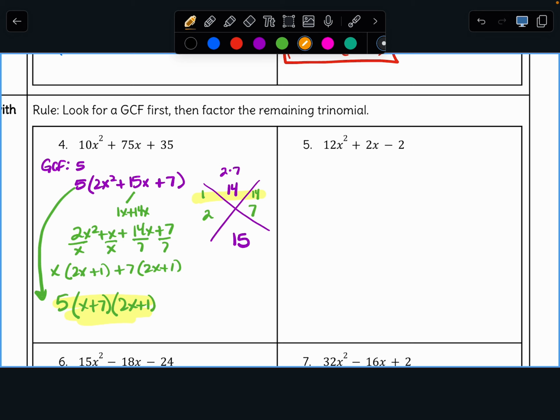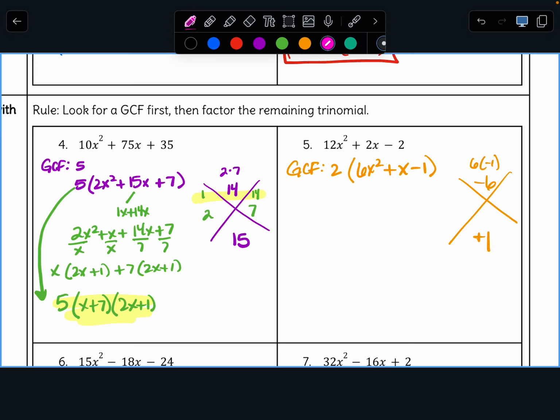So for this one, I can divide everything by 2. So my GCF is 2. And so that leaves me with 6x squared plus x minus 1. So when I multiply, I get 6 times negative 1 is negative 6, and my middle term is positive 1.